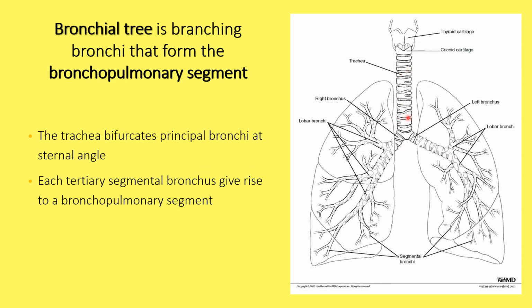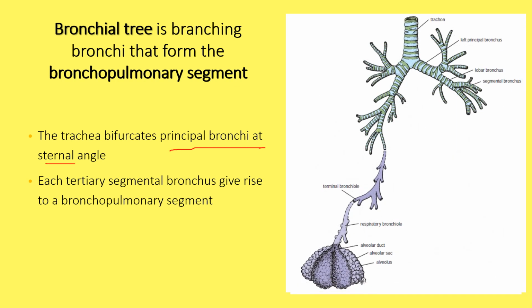After the trachea, we have the bronchi, or the bronchus, and the bronchioles, and later the alveolus. The bronchial tree is the branching from the bronchi that forms the bronchopulmonary segment. The trachea bifurcates into the principal bronchi at the sternal angle, and the principal bronchi further divide into the segmental bronchus and give rise to the bronchopulmonary segment.